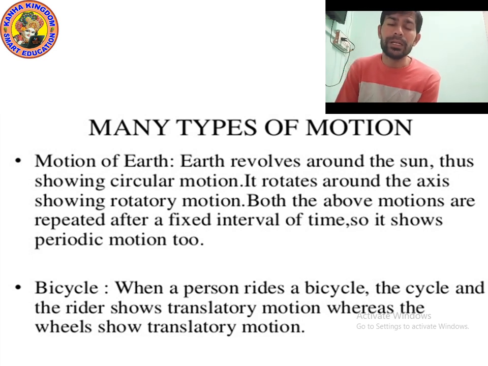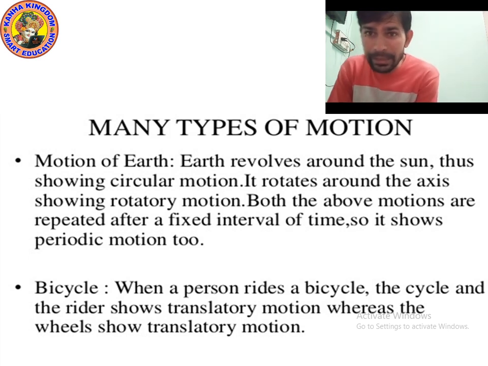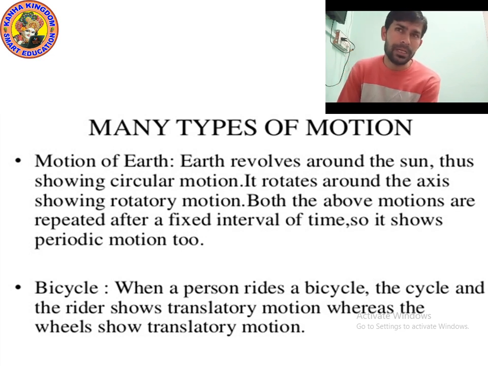So it will go one round, two rounds, three rounds, and continue. So it is showing periodic motion too. We can say the earth not only has revolution and rotatory motion, but it also shows periodic motion. So mainly two types of motion of the earth, periodic motion and circular motion.